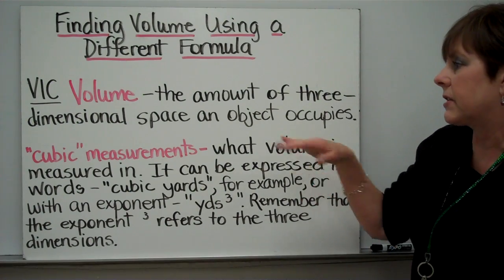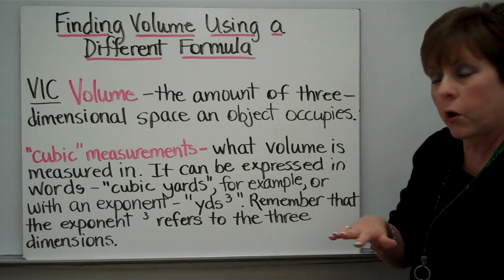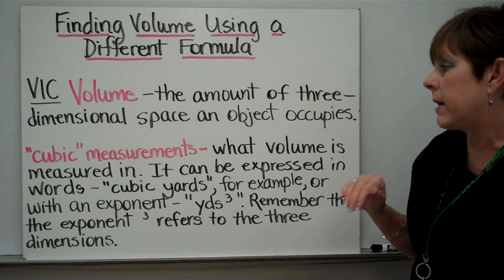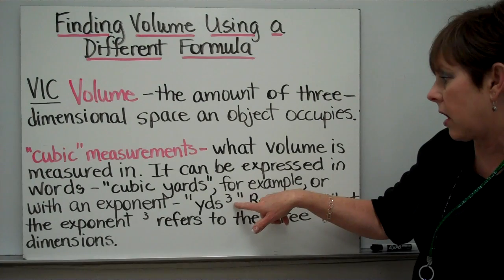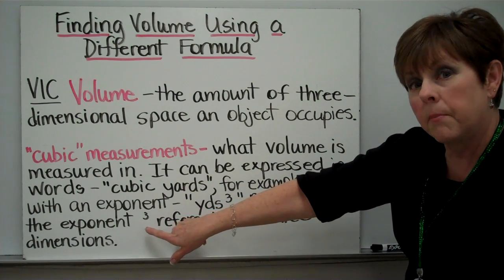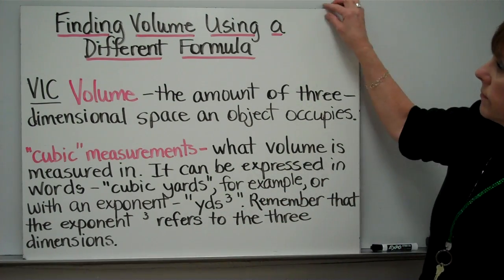It can be expressed either in words, like cubic yards, for example, or we could use an exponent. This would be cubic yards also. Remember that the exponent 3 means cubic. It refers to the 3 dimensions.